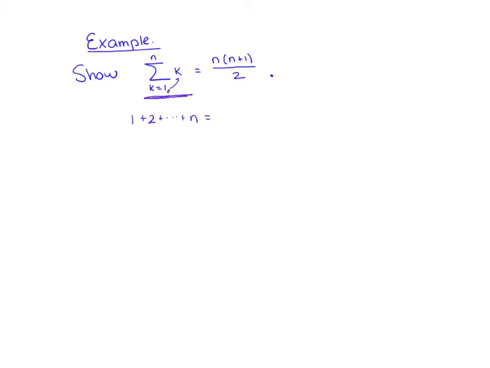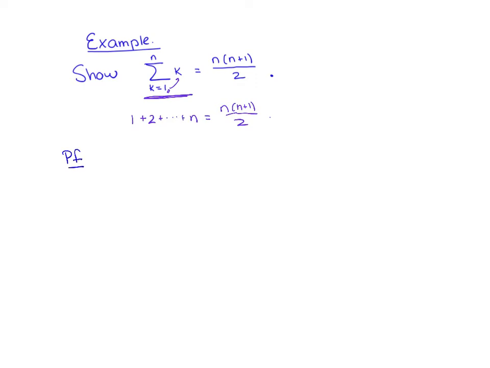So I want to show that that sum, when I add from numbers 1 up to n, gives me n times n plus 1 over 2. Maybe this is a formula you've seen and worked with before. So let's go ahead and actually prove it.